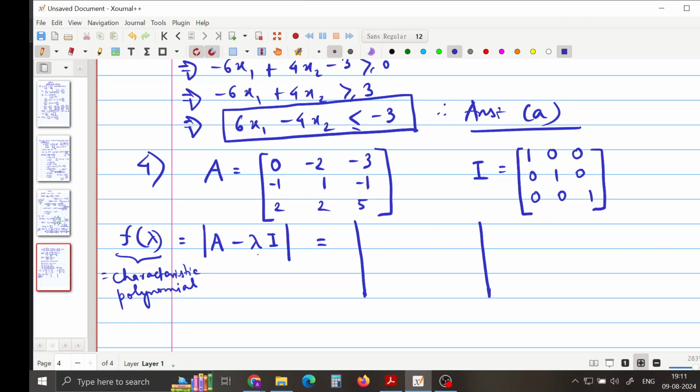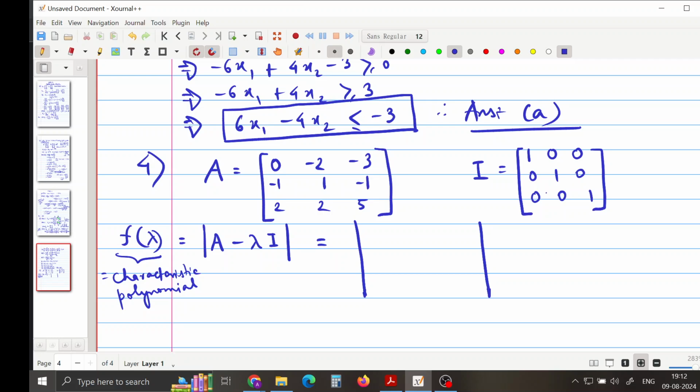Okay, so if you subtract lambda I from the matrix A, in the identity matrix all the off-diagonal elements are zero, right? So all the off-diagonal elements of the matrix A will remain unchanged.